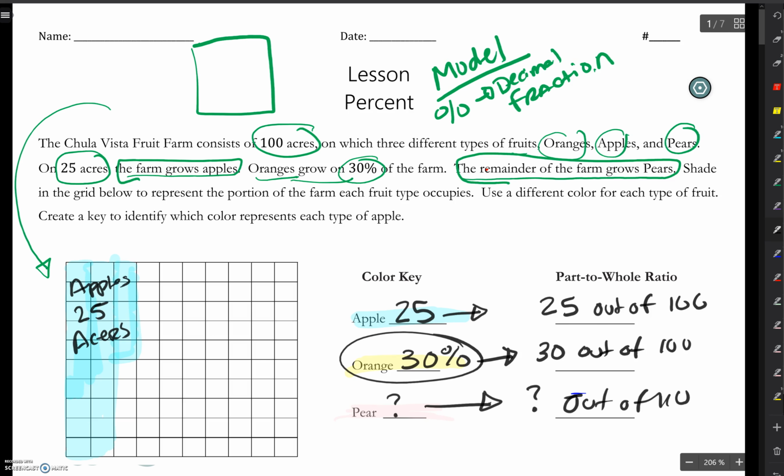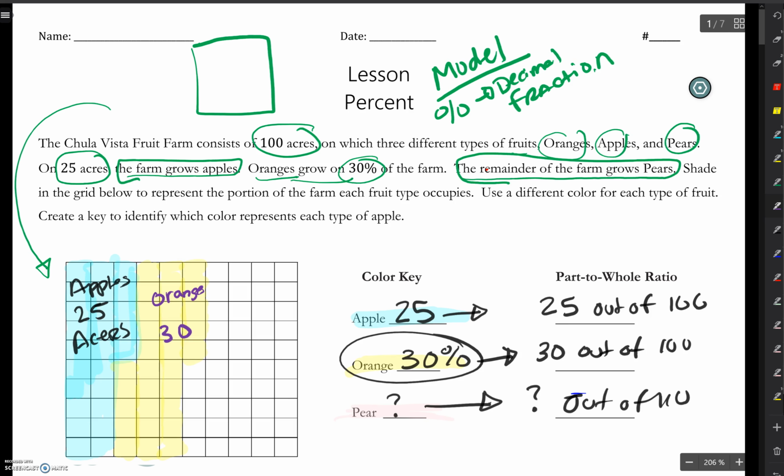Now I have 30% for oranges. So here's 5, 6, 7, 8, 9, here's 5. Here's 10. So this is 15 total. Here's 25. And it's 30. So 1, 2, 3, 4, and 5. And so now I represented 30, which is oranges.